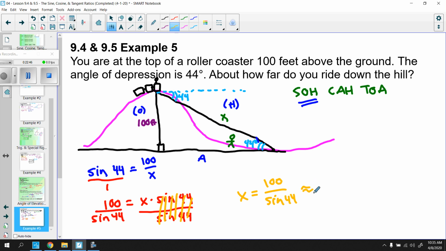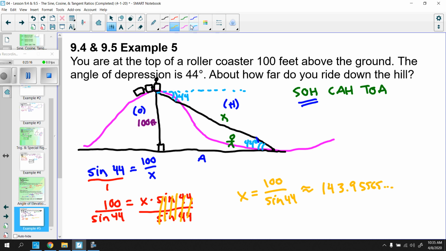It should be a meaningful number. Again, it should not come out to crazy small decimals. We're talking feet here. I'm expecting it to be larger than 100 feet. I've got my calculator in my hand. I'm typing in 100 divided by the sine of 44. Push equals. My calculator says 143.95565.